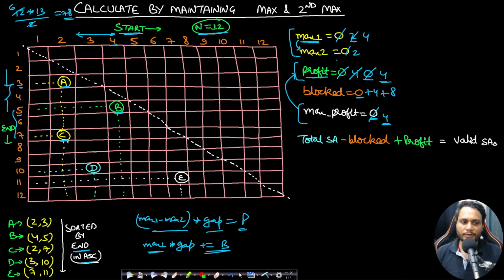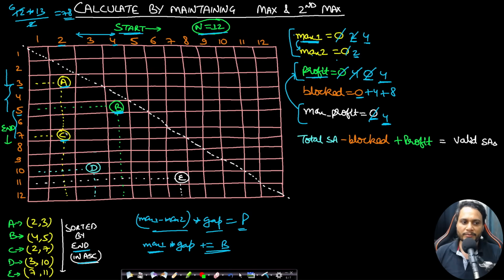Now we will go to the next point C. Now C's S value is only 2 and 2 is not greater than 4. In fact, 2 is also not greater than 2. So no update to max 1 or max 2 is going to happen, which means that the profit will not be reset, and even at this point I will be continuing to have more profit after removing B, because how did we get 4?